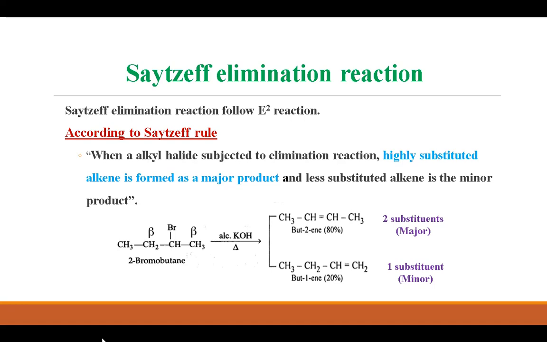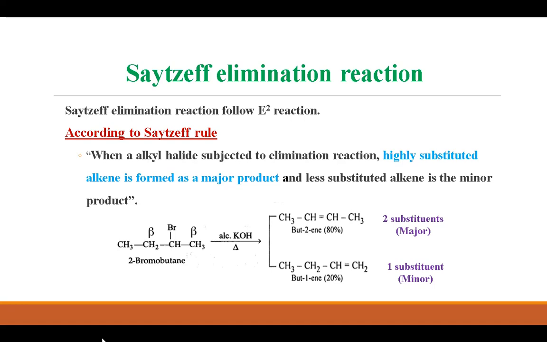See, here 2-bromobutane, which is an alkyl halide having 2 beta carbons, when reacted with alcoholic potassium hydroxide, gives 2 products. One is but-2-ene and the other one is but-1-ene.